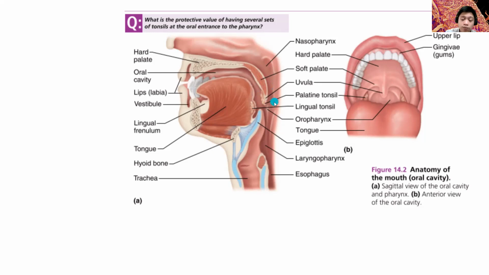And later on, the epiglottis should go down and close off this portion so that the food that is in the oropharynx will now have a conduit or a particular area of transfer, which is already the laryngopharynx. So magko-close ito, and this will cut off connection to the trachea, and therefore food will now go down the esophagus.